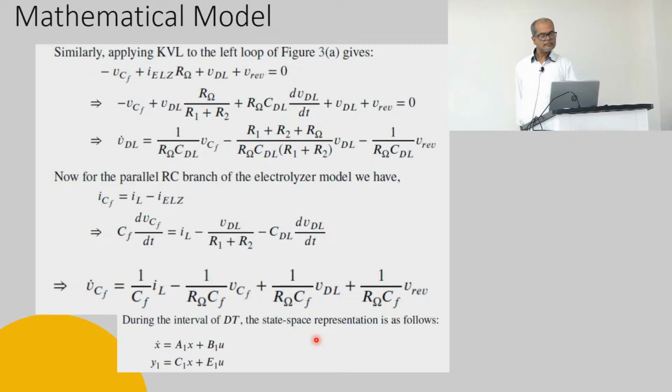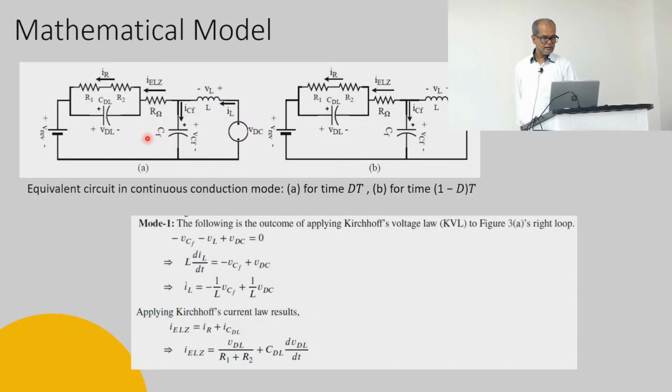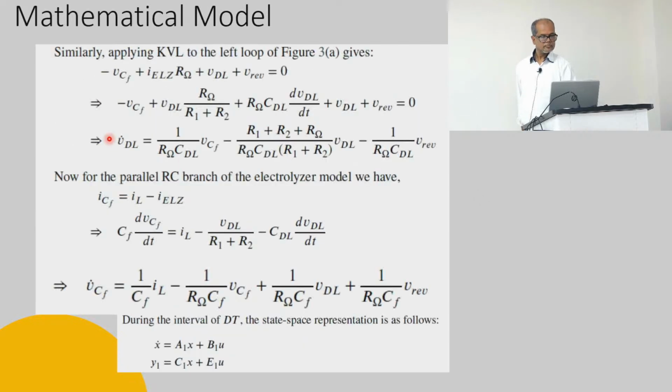That's for the right-hand side. Then if you apply the same on the left-hand side, I'll finish the KVL in the loop, and you can get this equation. Again, if you apply KCL, you will get these 3 currents. So what I'm saying is that by just applying KCL and KVL, this is very simple.